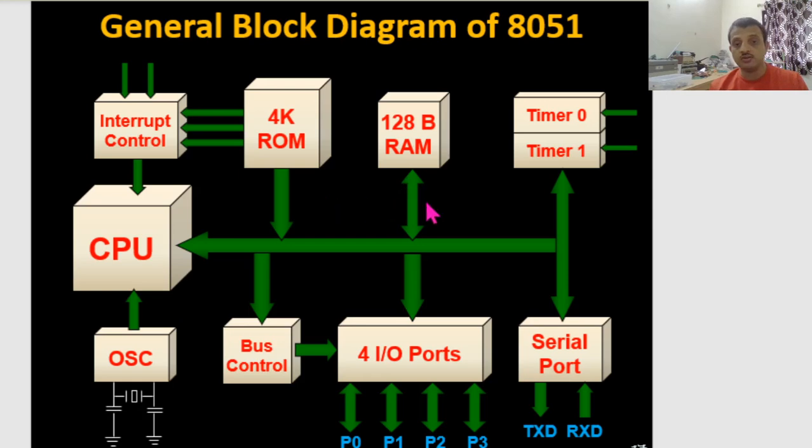Then you have the 128 byte RAM, timers, and a serial port. Then there is an IO port, a bus control unit which controls the signals for all the bus movement, an oscillator, and an interrupt block.